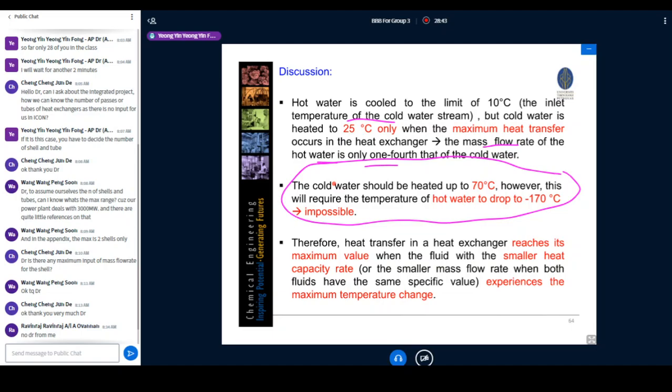Just now we mentioned, let's say you can calculate the Q. The TH in right now, TC in right now is 10 degrees C, and then I want to heat it up to 70 degrees C. So you can calculate the Q needed: mC CpC times (TC out minus TC in).